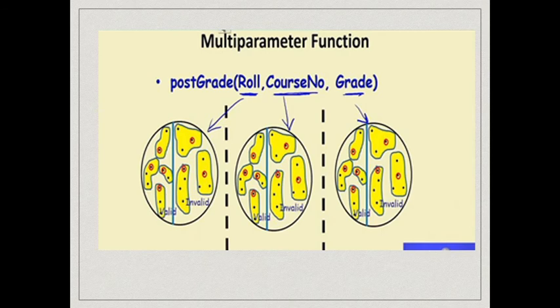But so far we have been looking at the simple cases of a function taking just one parameter. But what happens if a unit takes multiple parameters? Let's say we have a function called post grade. That is, the teacher wants to post the grade, and the post grade function takes three parameters. One is the roll number, the second parameter is the course number, and the third parameter is the grade obtained.